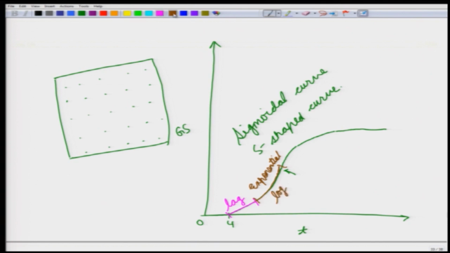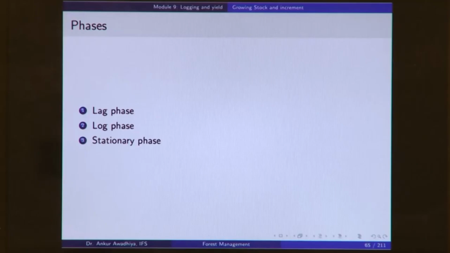And after this log phase, next we will reach a phase of stagnation, because now the growth is increasing, but the rate of growth is moving towards 0, so that the total amount of growing stock will become constant. So, we can define these three phases: lag phase, log phase and stationary phase.